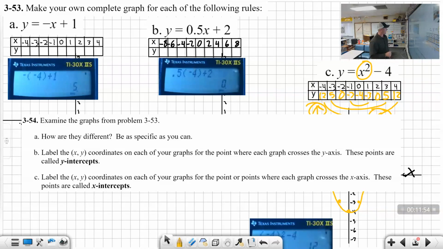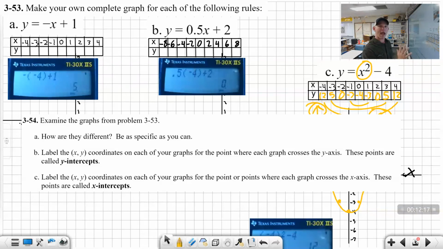Be as specific as you can. Label the coordinates of the point where the graph crosses the y-axis. You're going to do that. Label the xy coordinates on each of your graphs for the points where each graph crosses the x-axis. These are called the x-intercepts. You need to find that information and answer it on the lines for 54.